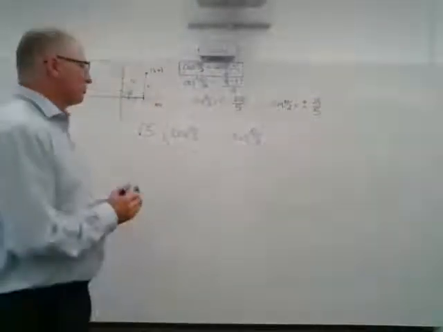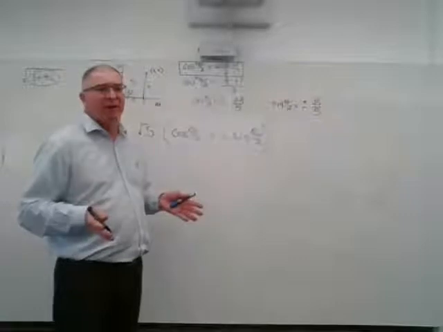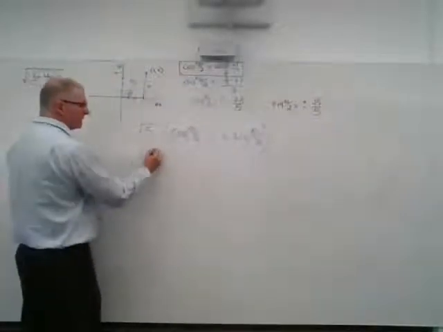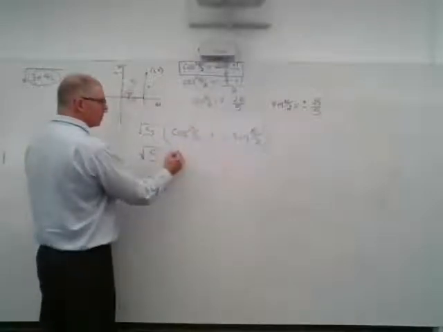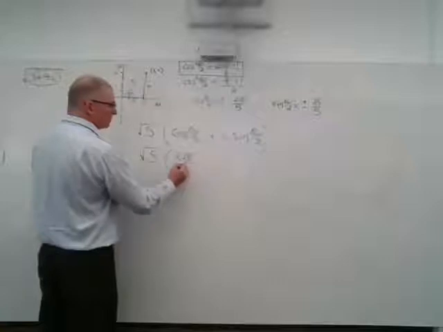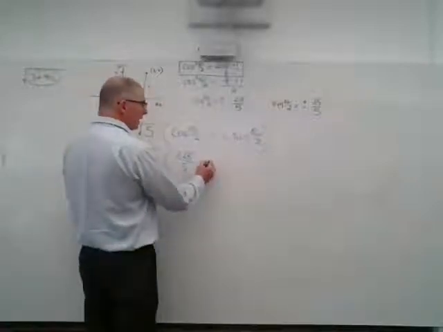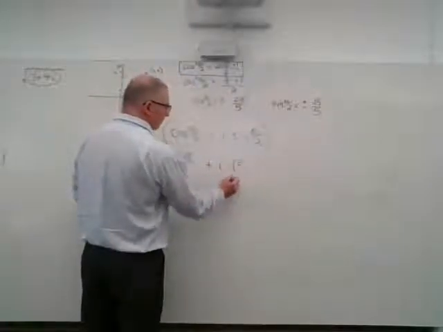So I find actual values of cos theta on 2 and sine theta on 2 without actually finding the size of the angle. And now I can replace that in here if I need to. Root 5, now cos theta on 2, we'll start with the positive. It's 2 root 5 on 5, plus i, sine theta on 2 is root 5 on 5.